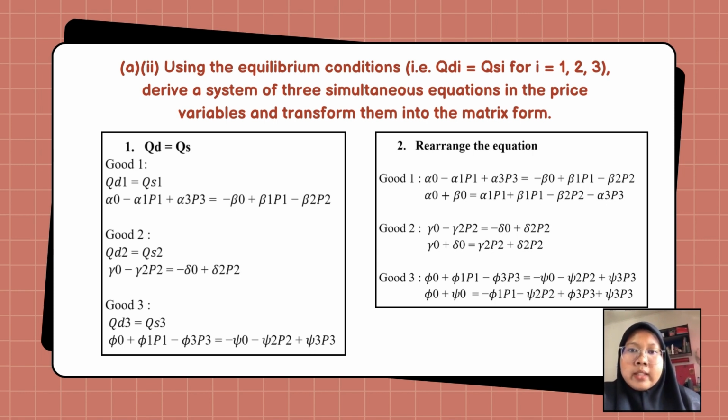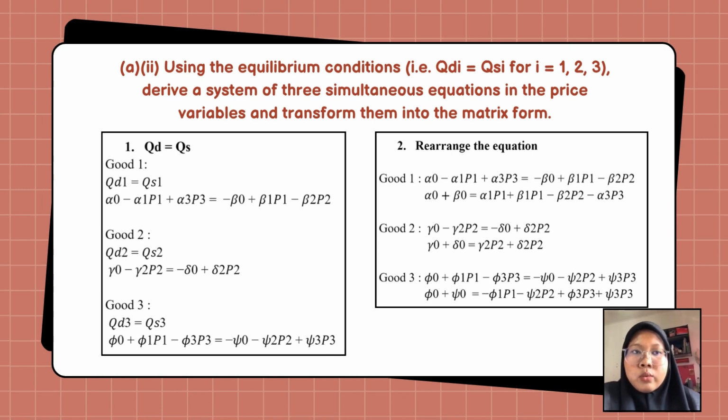Second step, we will rearrange the equations that we got in step 1. For good 1, after we rearrange, we get alpha 0 plus beta 0 equal to alpha 1 P1 plus beta 1 P1 minus beta 2 P2 minus alpha 3 P3.